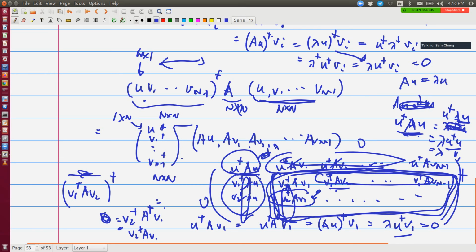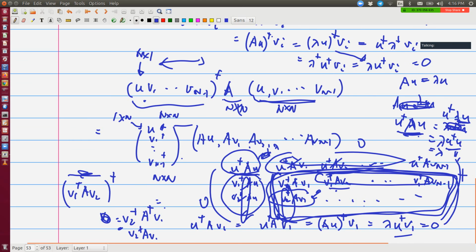Then I can keep doing this until I finally diagonalize this. After that, you will find all of this will be diagonalized, and the off-diagonal will be all 0. So that's the result.